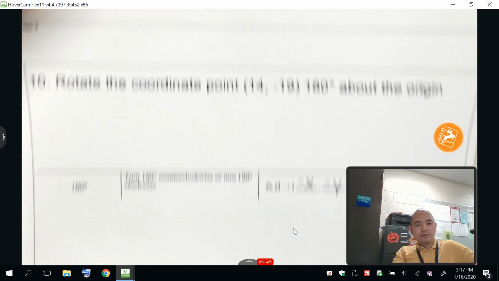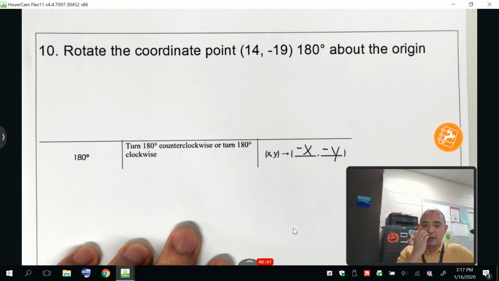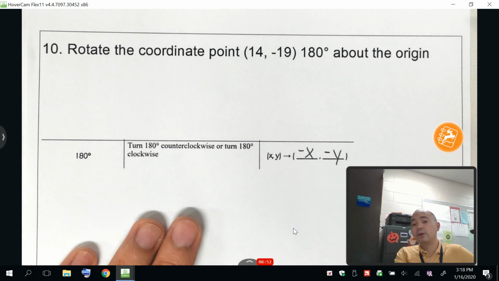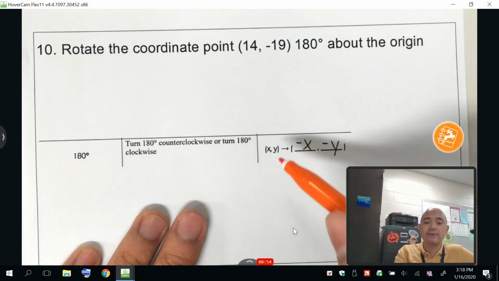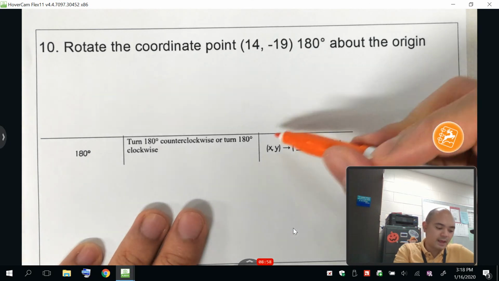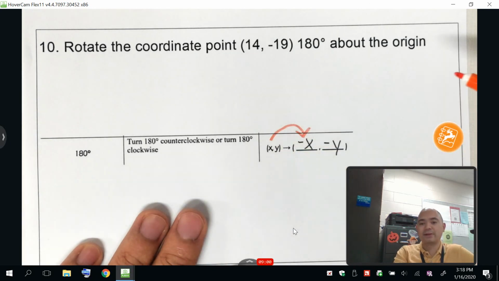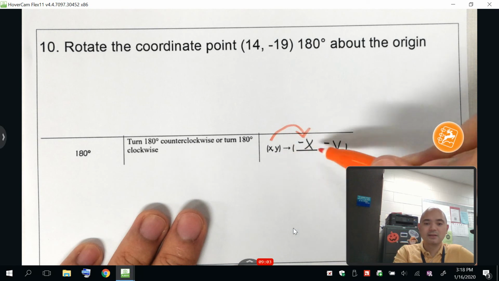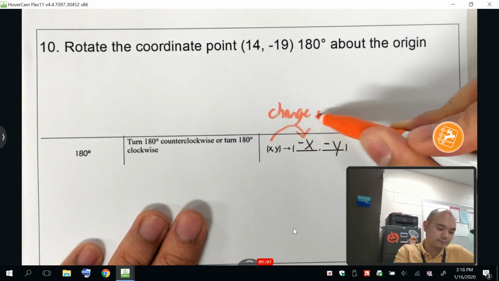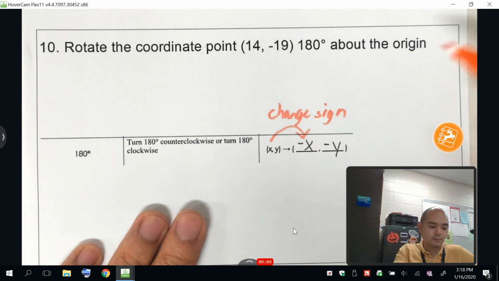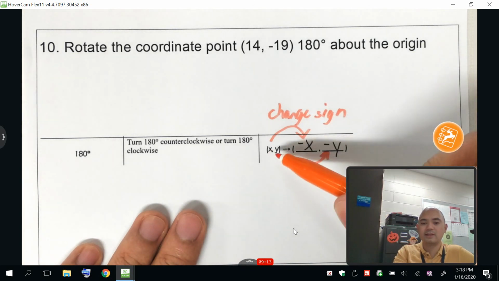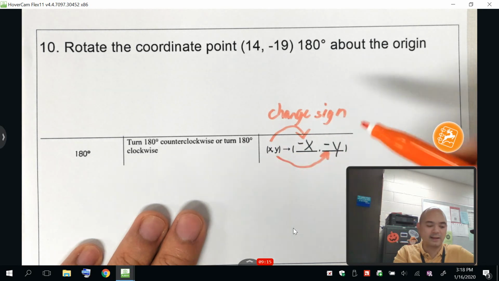Lastly, rotate the coordinate point (14, -19) 180 degrees about the origin. The rule for a 180 degree rotation is as follows: (x, y) transforms to (-x, -y). X is still x in the front, but notice the signs changed, so we should have a changed sign here. Your y is still y in the back, but just like with x, notice that's a positive y, that's a negative sign.